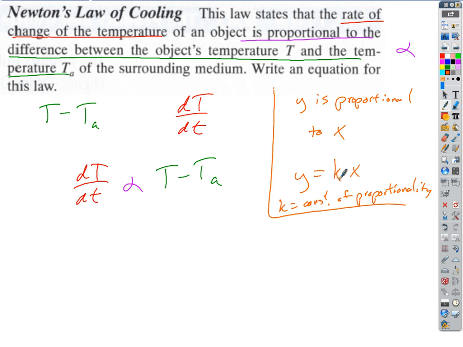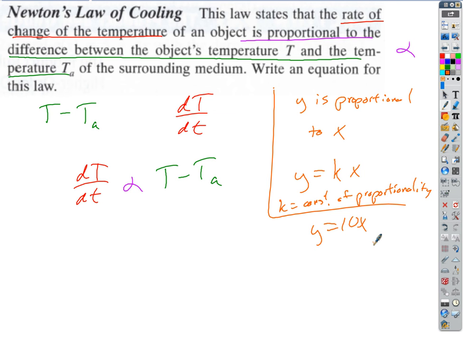So what if they're proportional? Think what that means. If x doubles, what happens to y? It doubles. If x is increased by a factor of 7, y is increased by a factor of 7. If x is cut in half, y is cut in half, right? But what's the relationship? How big is any x compared to any y? That's what the k tells us, right? Like if we have the equation y equals 10x, then y is always 10 times bigger than x, but they still act proportionally, right?